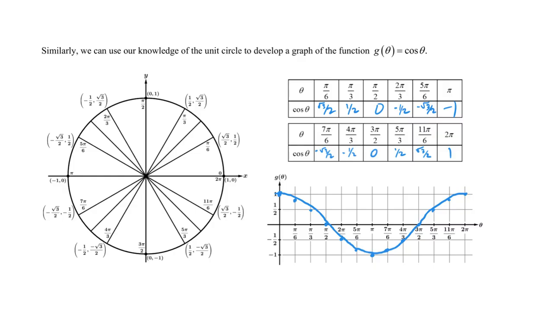Remember I told you that in a periodic function, you could grab it and slide it to the left or the right, and you could get it right back on top of each other. I could slide the cosine graph and get it to fit right on top of a sine graph. I would have to shift it about pi over 2 to the right, and then it would be the exact same graph as the sine graph.